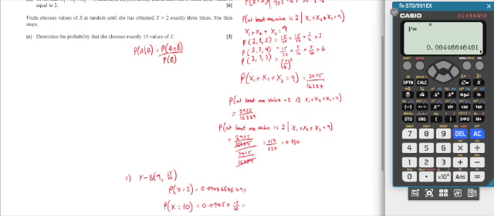So I can then go back to menu. I can do my answer, just check that that's what it is. Yep, multiply by 15 over 32, which gives me 0.0443.